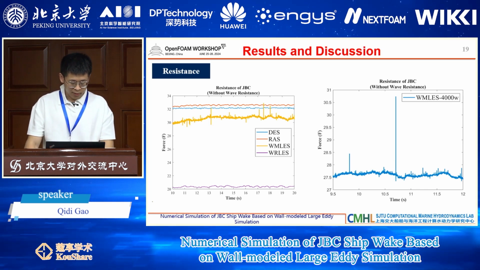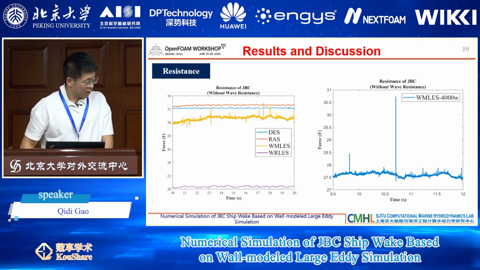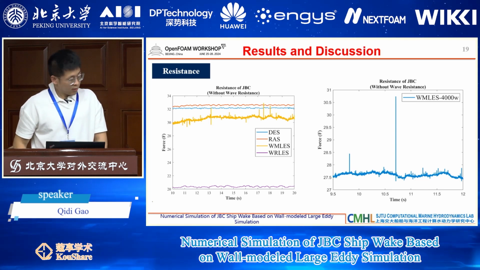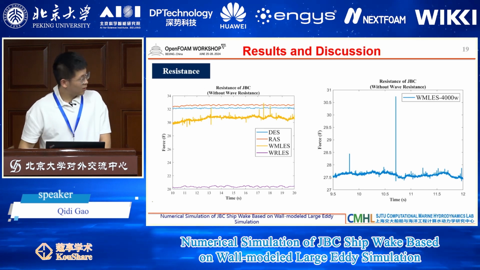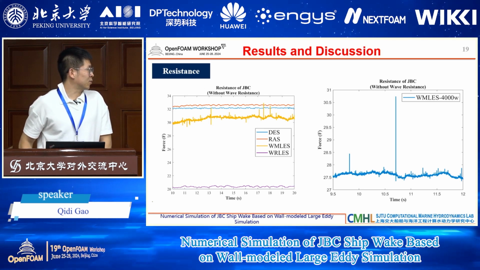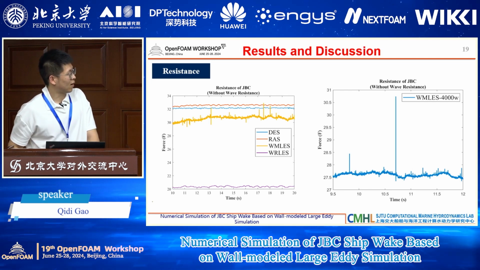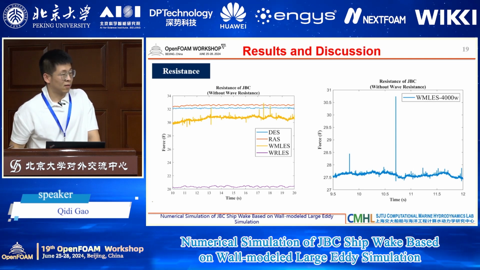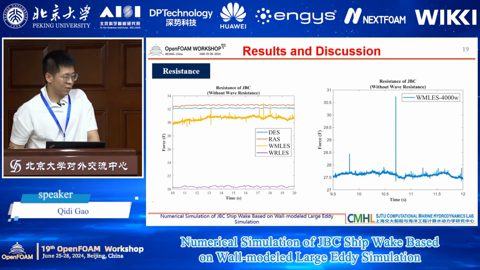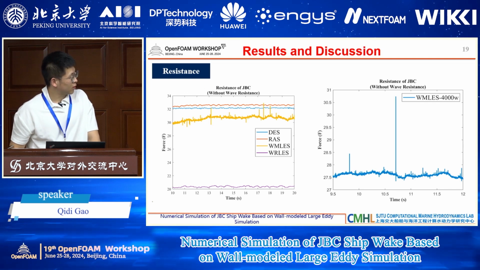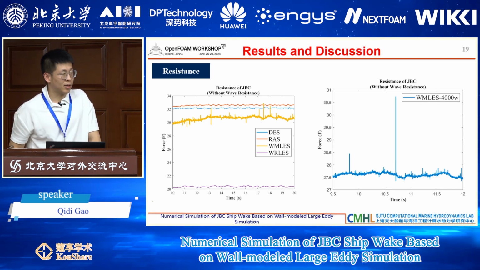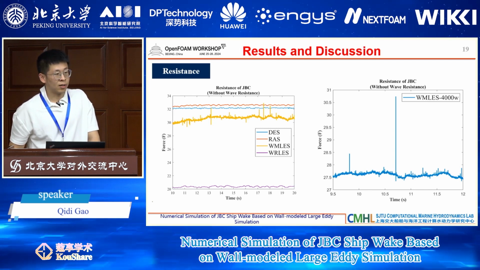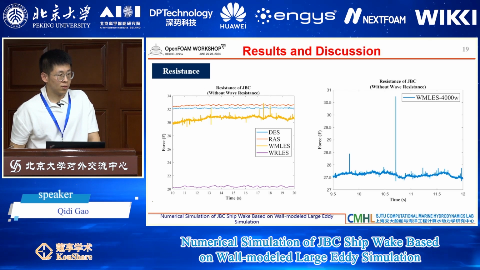First is the resistance. In the left figure, there are the resistances of the 4 methods. First, I'll introduce the WRLES. You can see the resistance of WRLES is far away from the true resistance. Why did this happen? Because the WRLES method needs a very strict Y+. The Y+ should be less than 1, but the Y+ value in our mesh is bigger than 42.